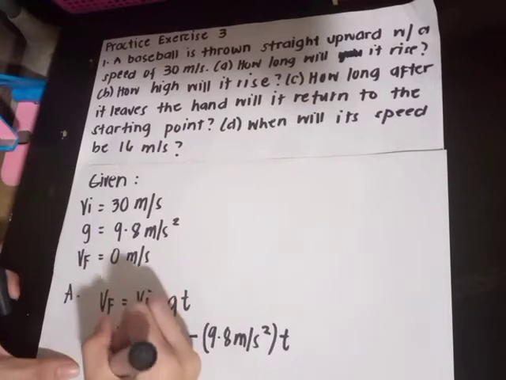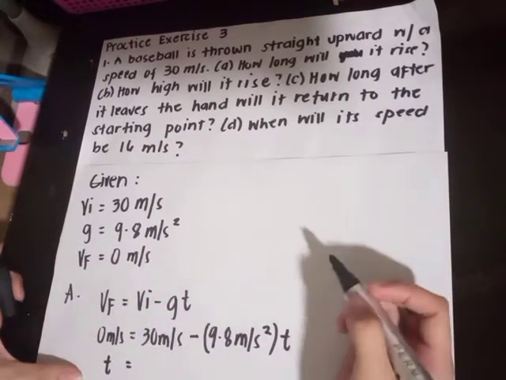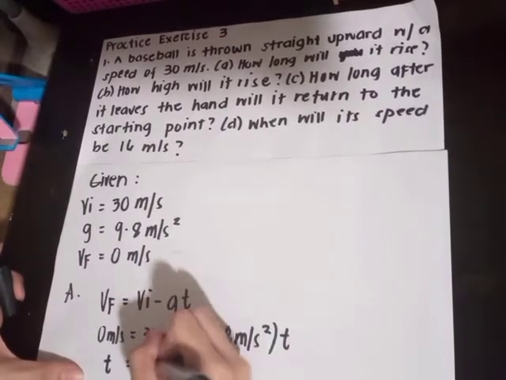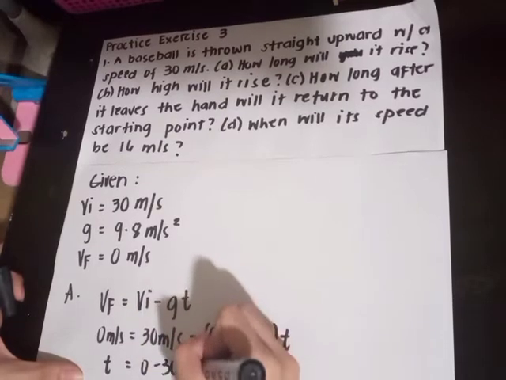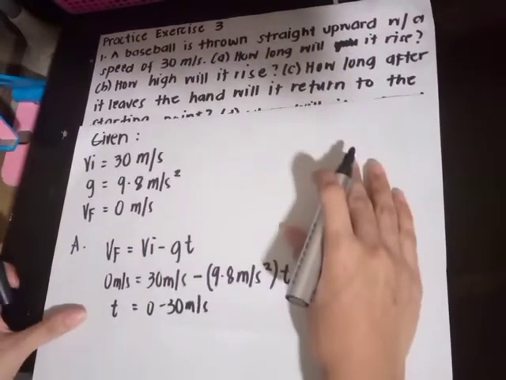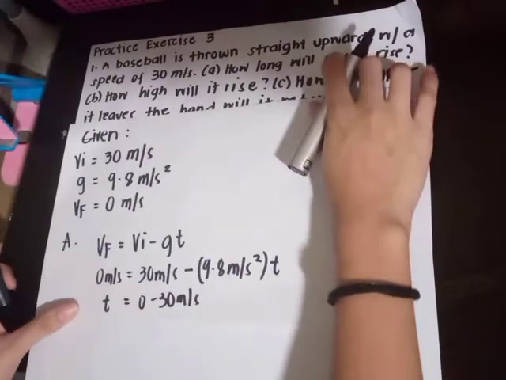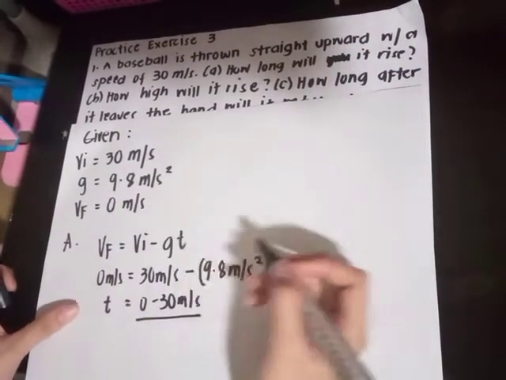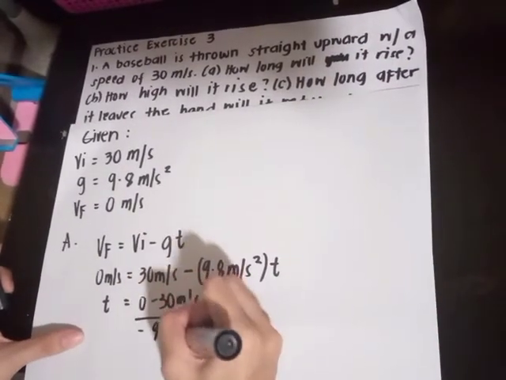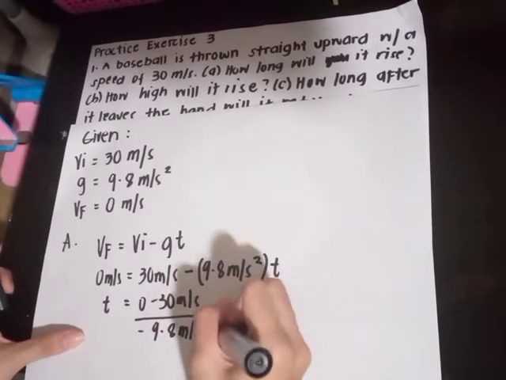So use the formula of time. 0 minus 30 meter per second over negative 9.8 meter per second squared.